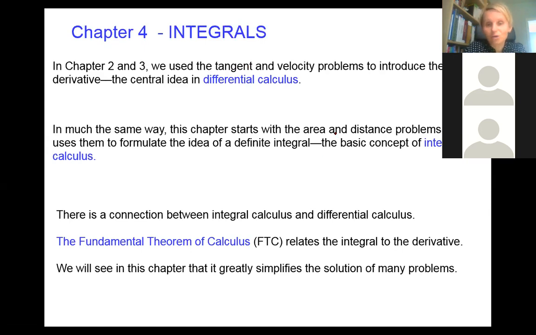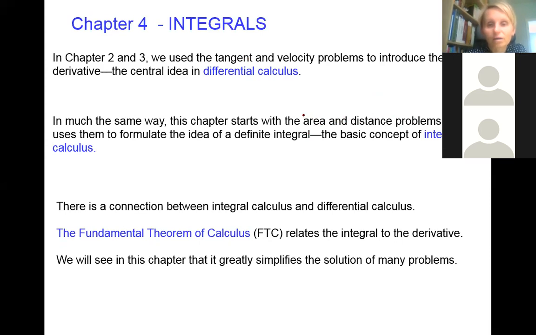Now we have a little bit different problems: the area problems and the distance problems, but we will mainly focus on area problems.